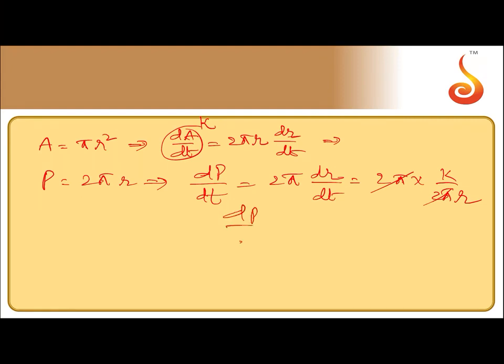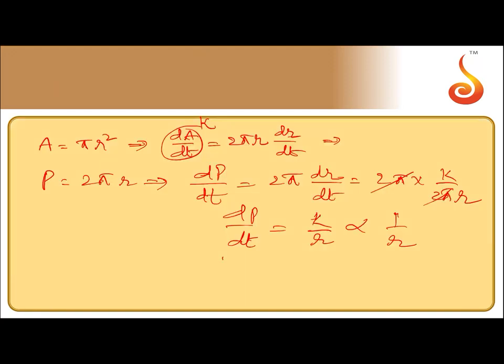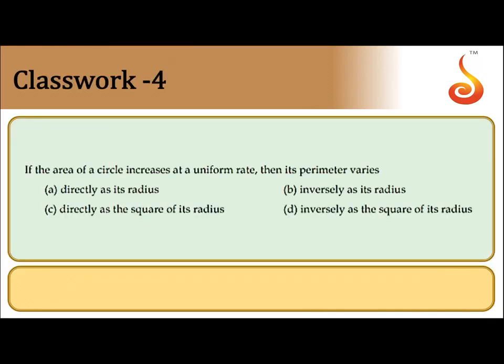Clearly you can see that dp/dt is some constant divided by r, therefore it is proportional to 1/r. So the answer for this one is inversely as its radius. So dp/dt varies inversely as its radius. The answer is B.